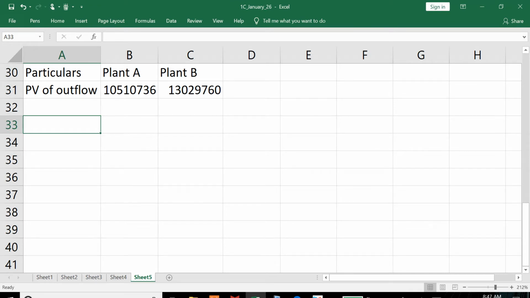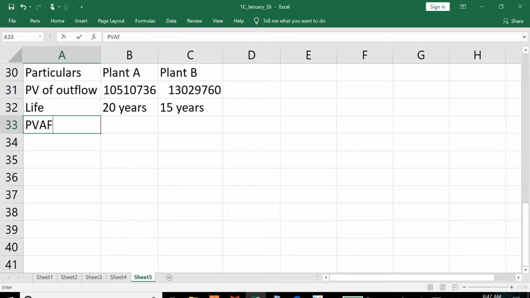Life: what was the life of plant A and plant B? 20 years and 15 years.